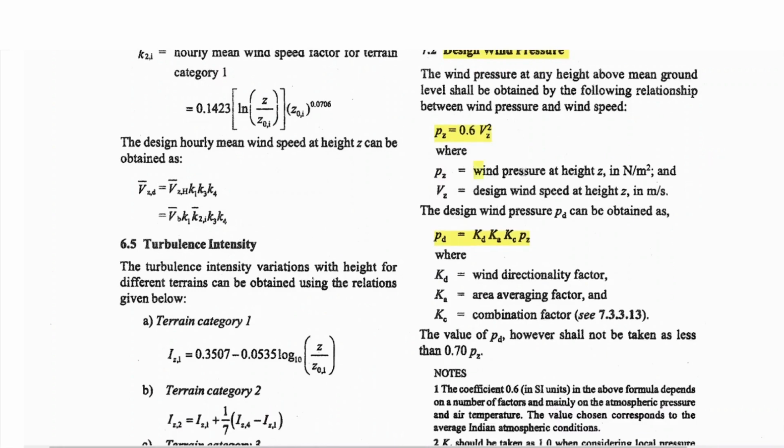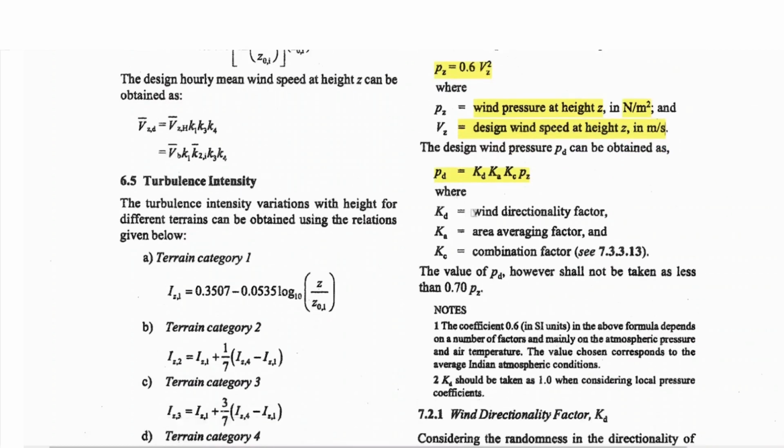So Pz is the wind pressure at height z in Newtons per meter square, and Vz is your design wind speed at height z in meters per second. Kd is your wind directionality factor, Ka is the area averaging factor, and Kc is your combination factor. The value of Pd, however, shall not be taken less than 0.7 Pz.